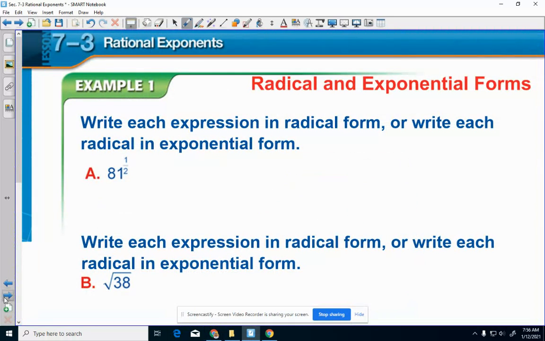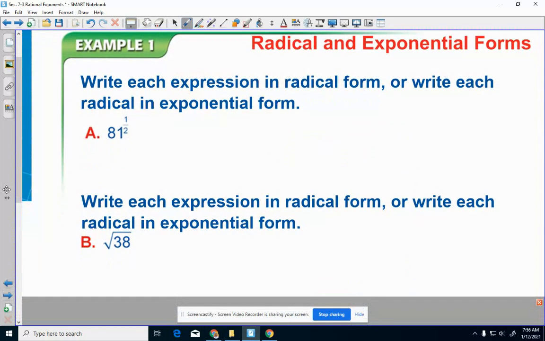Looking at these two right here, this should not be too difficult. Write an expression in radical form. Remember, the denominator becomes the root, the base is 81, and the power is raised to the first.